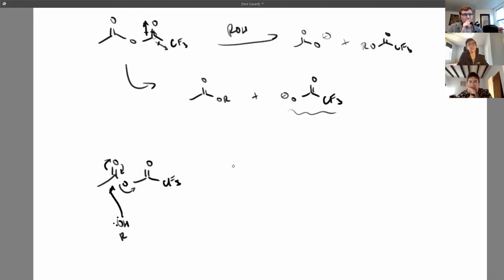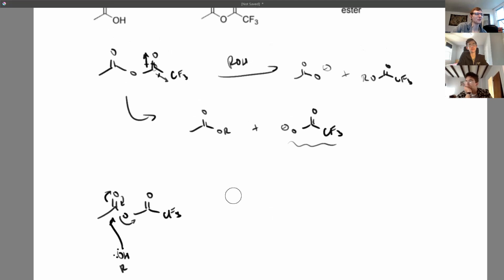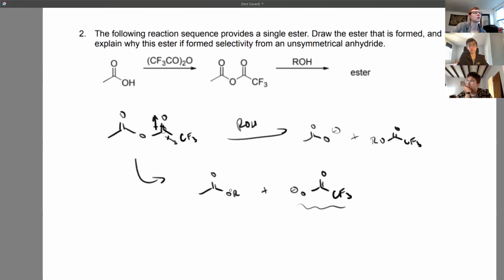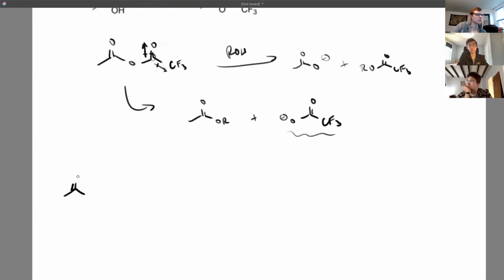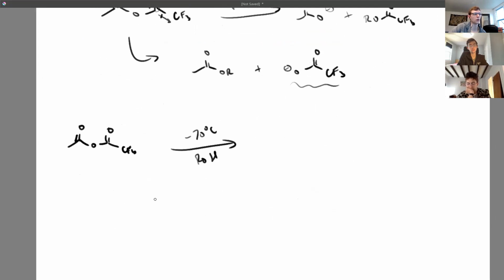Yeah. Actually, I think this problem might be better framed in terms of a different discussion, which is if we have these two, and let's say we react under really cold conditions or under really hot conditions, I think we would get a different answer for each.